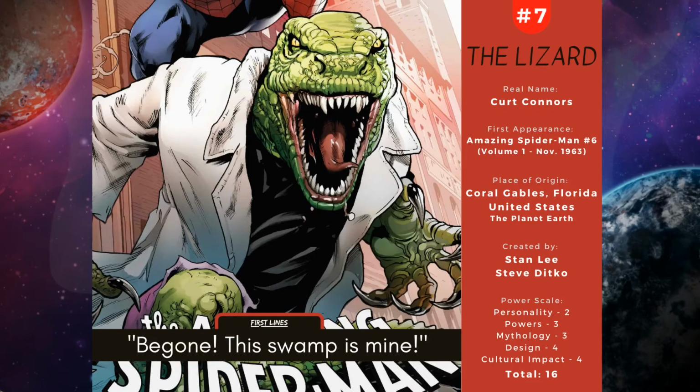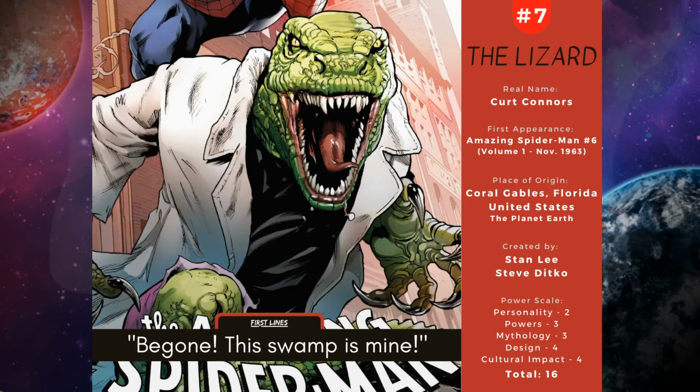And of course, his origin story, Dr. Connors loses an arm, has to have it amputated, etc., and works on genetic engineering that would allow lizard DNA to be used to help humans grow limbs back. And Dr. Connors tries the serum on himself. He gets his arm back. He also turns into the lizard.